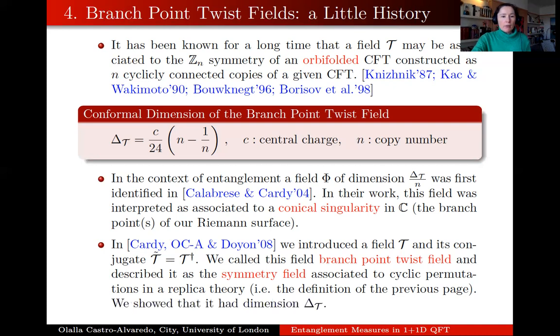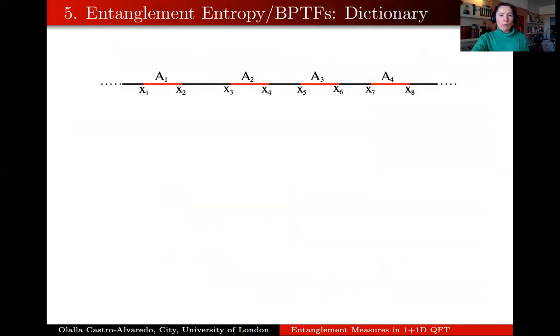So, once we have this, what can we do? The first thing is that if you get the pictorial idea of what these twist fields are doing, then it is not too complicated to imagine how you would compute the entanglement entropy or the Renyi entropies of multiple disconnected regions. Suppose that you have a one-dimensional theory on the line, and you have all these regions, A1, A2, A3, and so on.